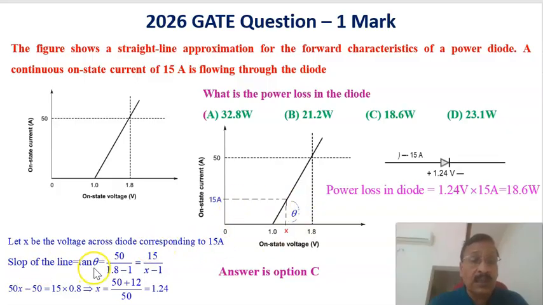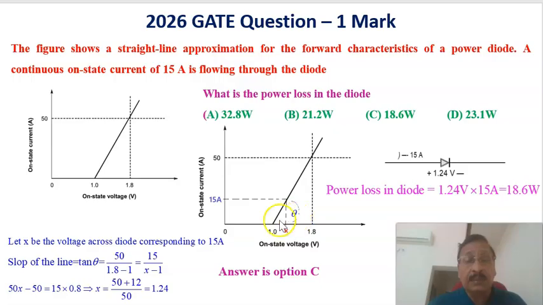The slope of the line is given by tan theta. So tan theta can be written as 50 divided by 1.8 minus 1.